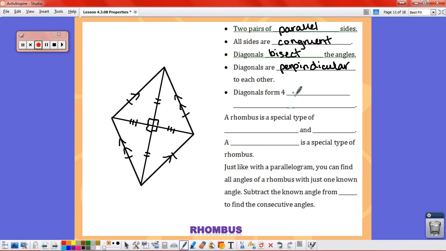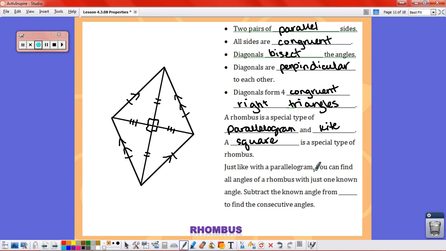The diagonals form four congruent right triangles, because they all have a side this length, a side this length, and a side this length with a 90-degree angle here. A rhombus is a special type of parallelogram and a special type of kite, and a square is a special type of rhombus.